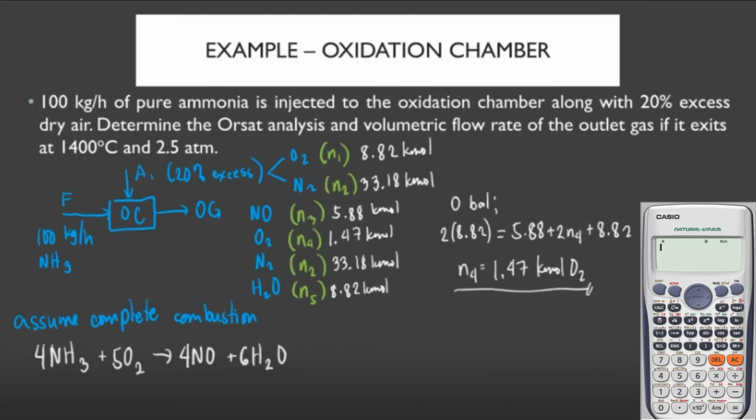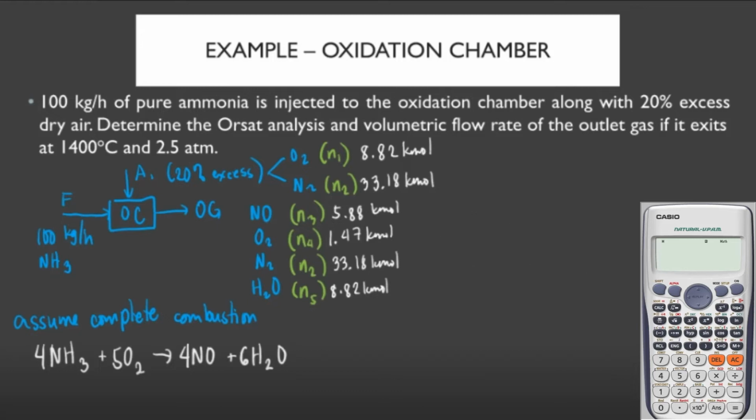For the ORSAT analysis, we simply have to solve for the mole fractions of the components of the oxidation gases excluding water. So that would just be NO, O2, and N2. For that, we construct a simple table. We have the components NO, O2, and N2. We list their number of moles.